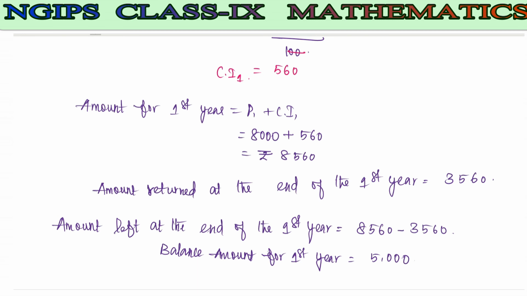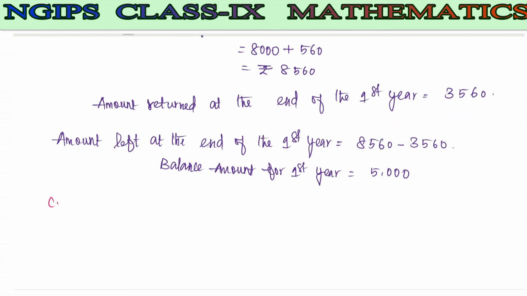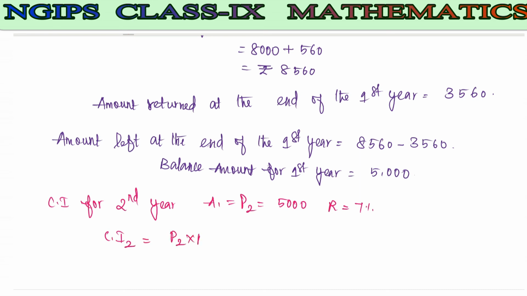Okay, now here we need to calculate the compound interest for second year. So the first year leftover amount, the balance amount, is going to be carried for the second year principal, it is 5,000. We have a rate is equal to 7%. Now we need to find out the compound interest of the second year is equal to second year principal into rate into time divided by 100.